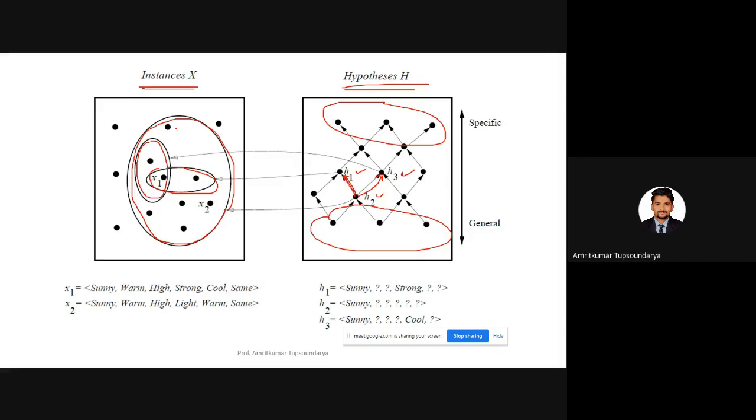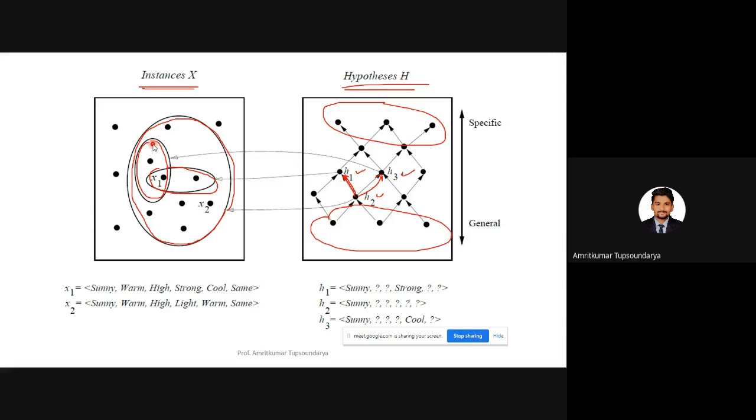Now one more thing to be noted here is that neither H1 nor H3, that is this and this, let me point out with a laser. Yeah. Now this and this, right? Neither H1 nor H3 is more general than the other, right?